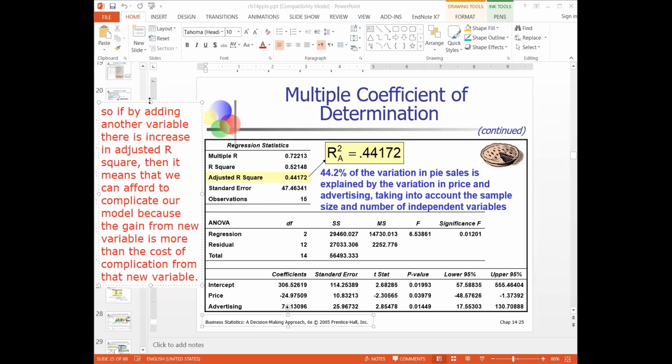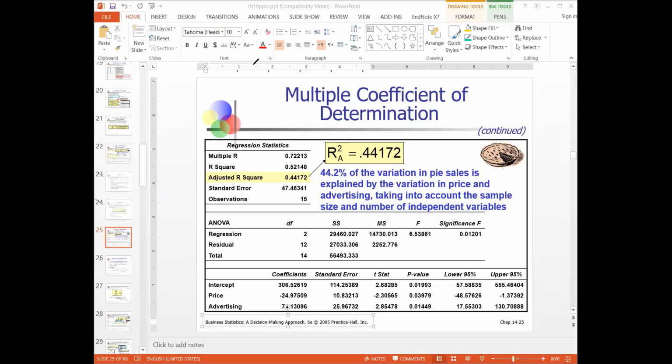So let me include it with one more statement: adjusted R square increase means the benefit is greater than the cost for that new variable which is just added. So this is the logic for using adjusted R in the model.